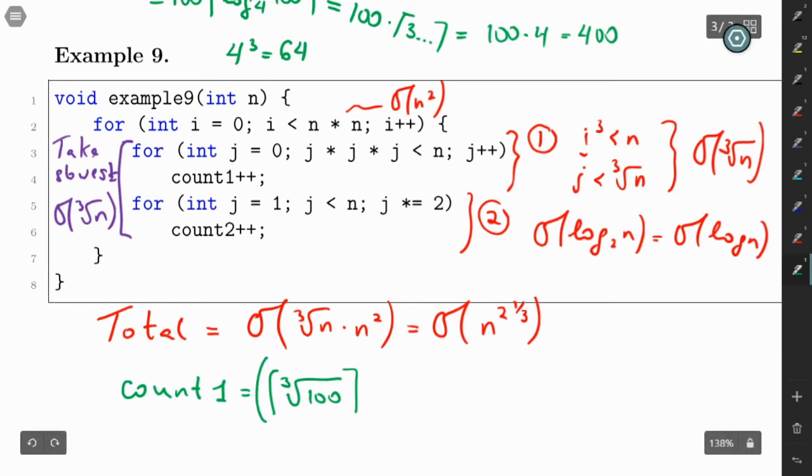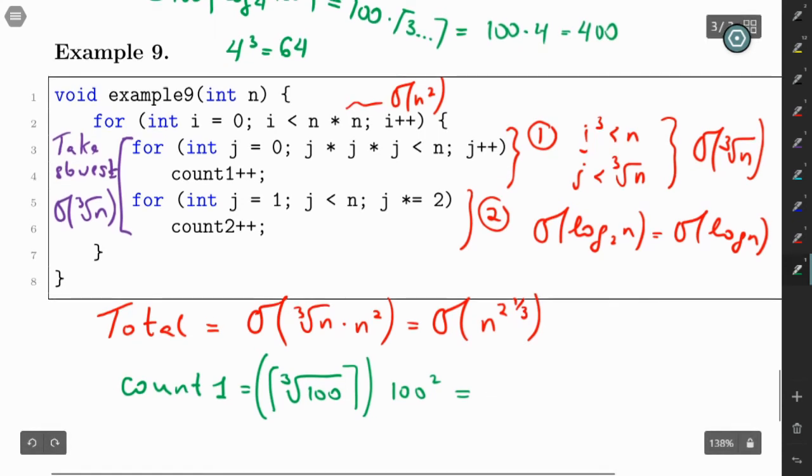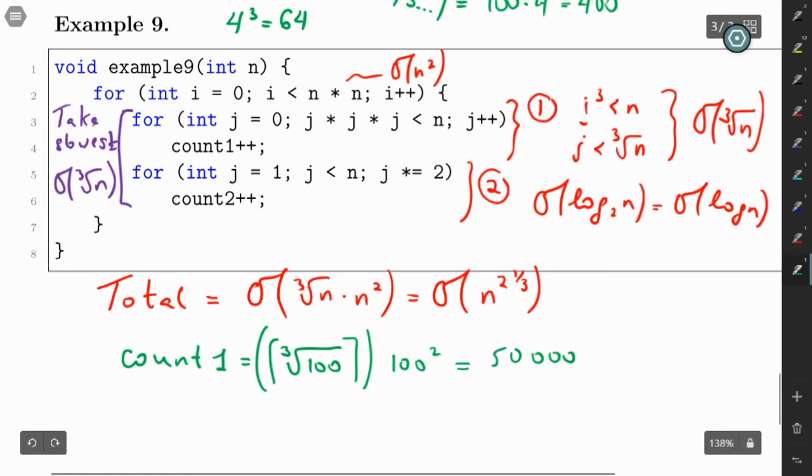And we want to multiply all of that by this n squared coming from the outer loop. So that would be 100 squared. This here turns out to be 5, and then we end up getting 50,000 for 5 times 10,000.